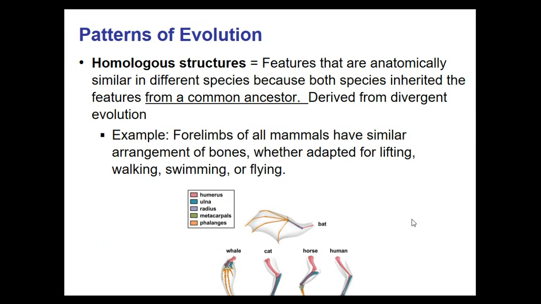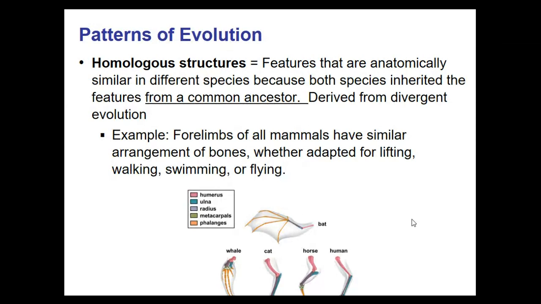They don't all look similar. I mean, the wing of a bat doesn't look a whole lot like the front leg of a horse, but what is similar about them is they have the same bones, the same bone structures. Some of the bones are shaped differently, or have gotten longer or shorter, or in some cases two bones have fused into one bone.